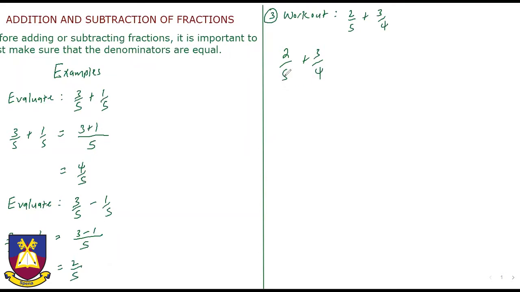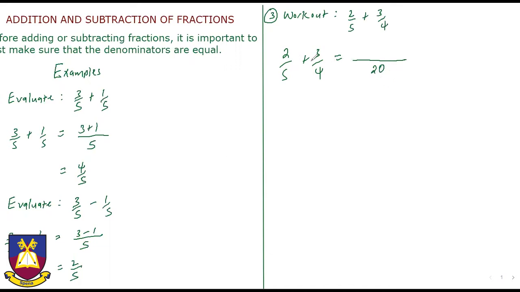So we need to first make sure the denominator is the same. To do that, we find the LCM of 5 and 4. We can do it as side work. It gives us 20. If you can't find the LCM, then you could just multiply the numbers. 5 times 4 will give us 20.